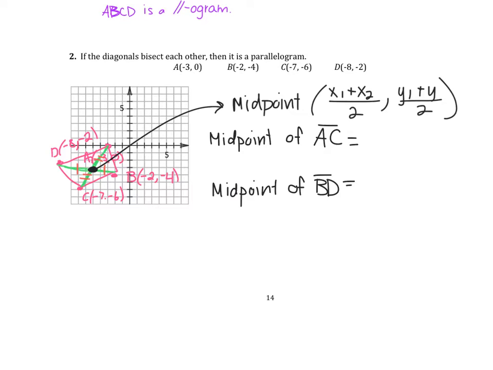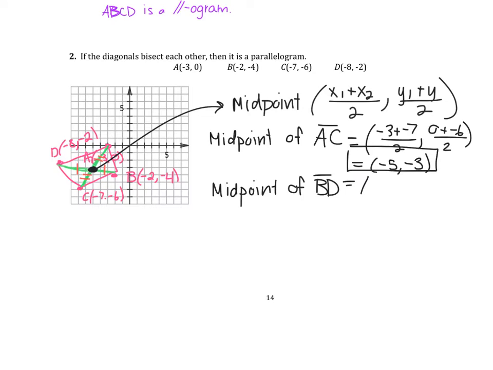Okay, so let's find the midpoint of AC first. I take the x's, -3 plus -7, divide by 2. Then I take the y values of A and C, 0 plus -6, divide by 2. And I get -5, because -3 plus -7 is -10, divided by 2 is -5, and then -3. So that's the midpoint of AC.